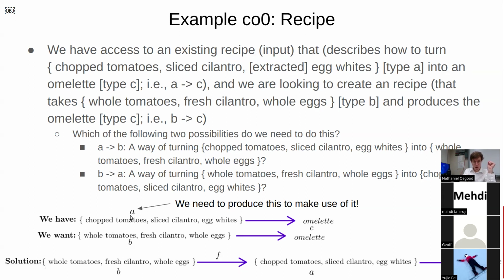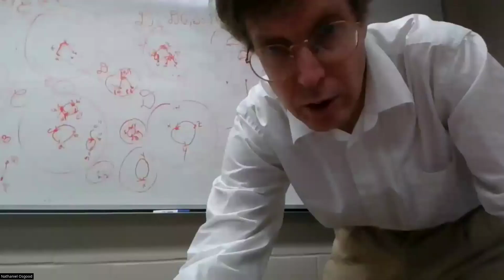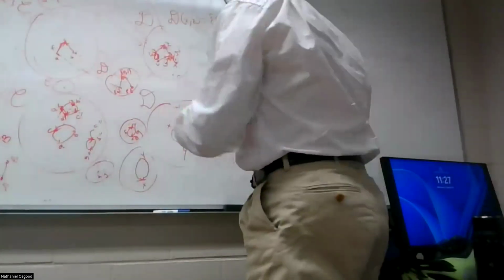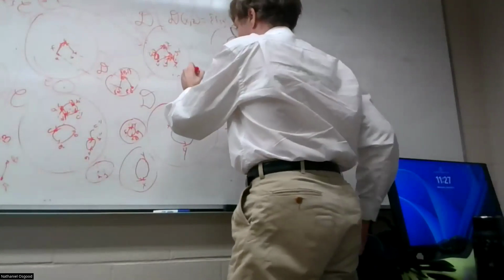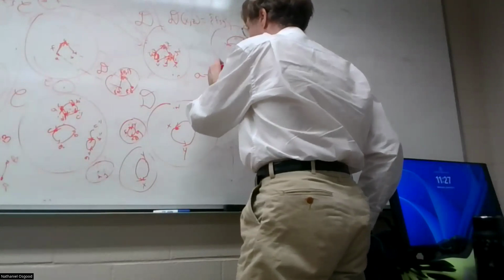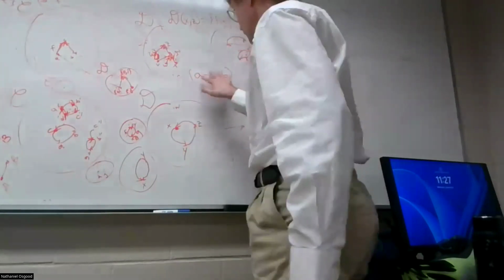Okay, so you might think, wait a minute. I'm going to put this on the board, and I'm going to turn this here so those remotely can have a chance of seeing it. We have something that goes from A to C, and we want to map that. This is our recipe.